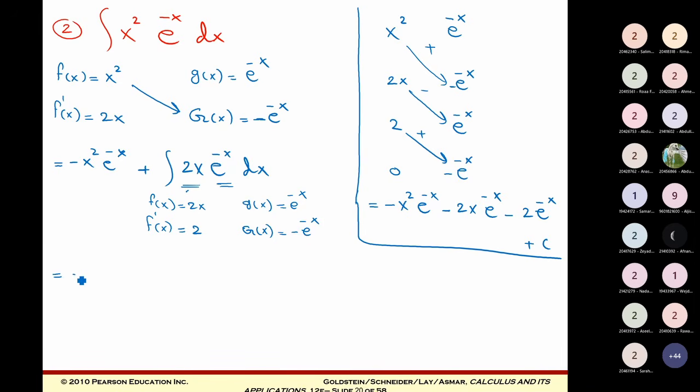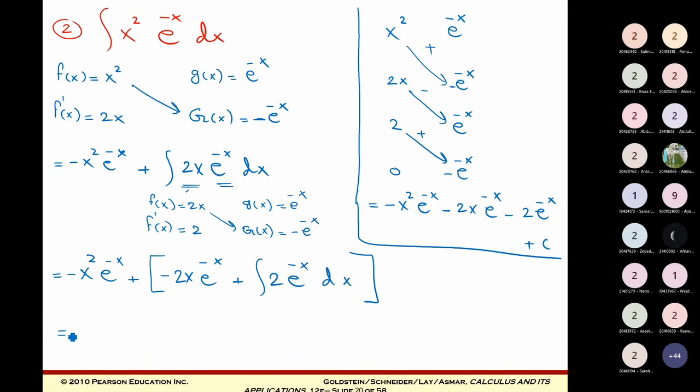So this is equal minus x squared e to the power minus x. Sorry, plus. Now multiply 2x with minus e to the power minus x, minus the integral of positive 2e to the power minus x dx.